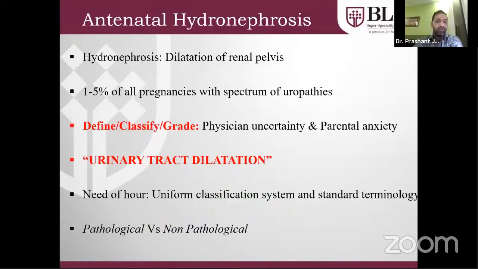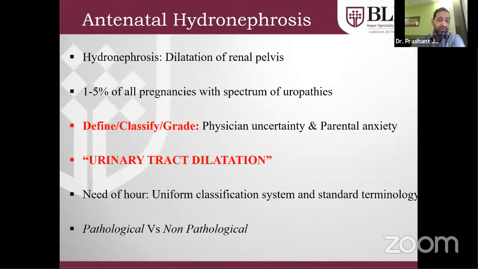So hydronephrosis is basically dilatation of the renal pelvis, and about 1 to 5% of all pregnancies have dilatation of the renal pelvicalyceal system. But there is still a very wide spectrum of abnormalities.